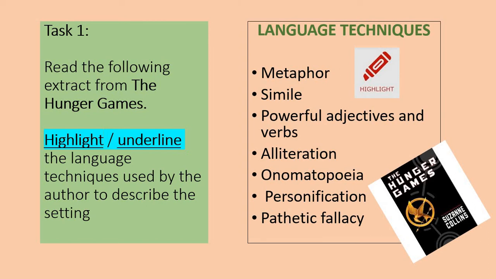Personification, so that's where you're giving an object, place or thing, characteristics of a human being. So it might be that the tree waved. So that's an object, a thing. Trees can't actually wave, they don't have hands.